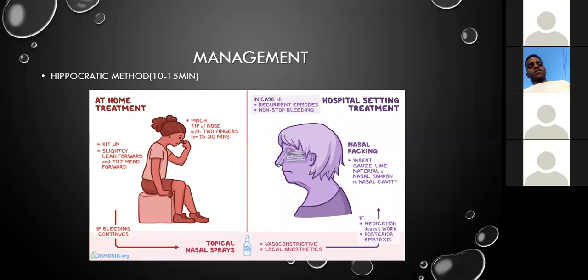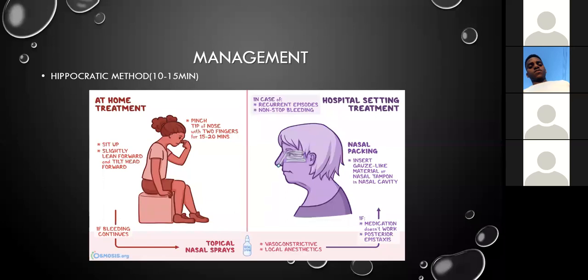But if you've done all this and still the bleeding is continuing, then this patient may require more than packing. For some, you may need to stop the bleeding surgically.